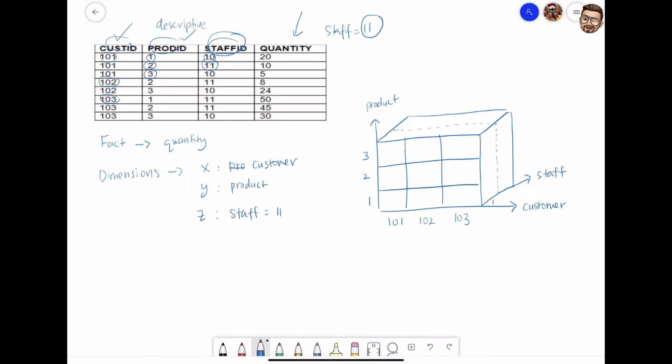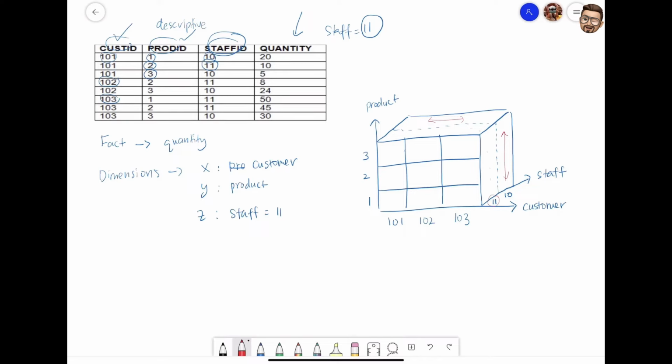It should be 11. Another one is 10 because 10 is at the back. We cannot see the data until you do the slice operation after this. We will take a look after this. So this is for staff 11 because this part is at the front. That's why we put 11 at the front over here.